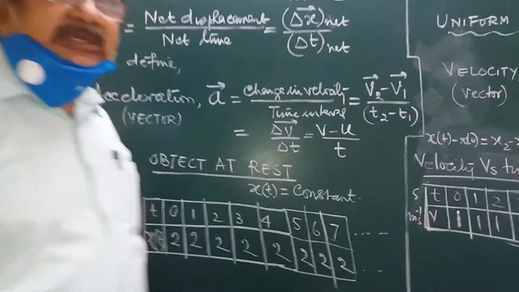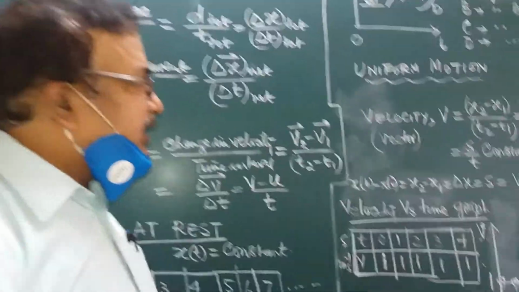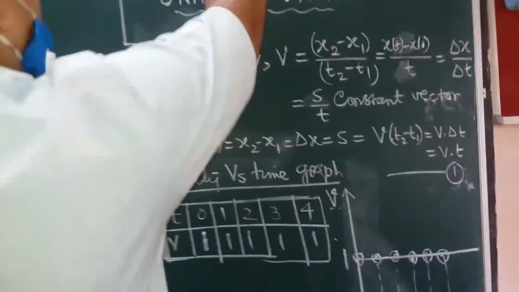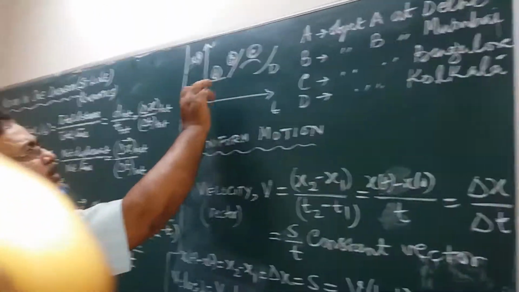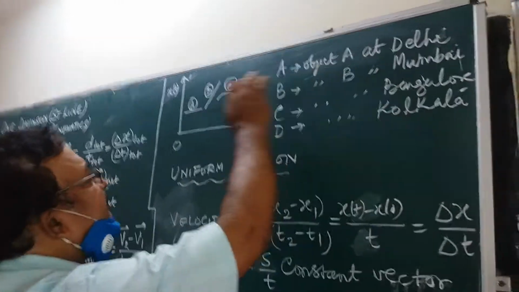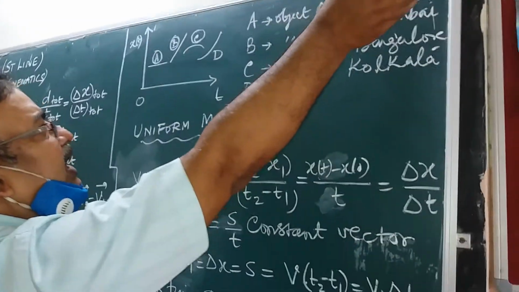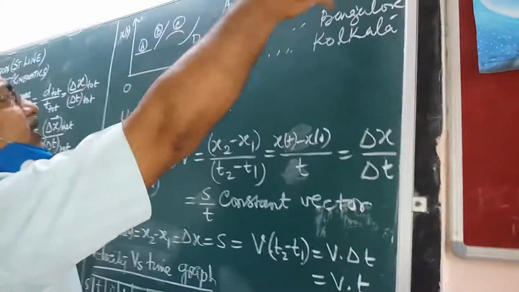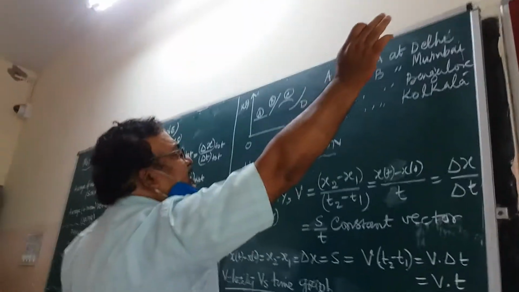Now you can ask what the importance of this graphical study is. Suppose you are given position versus time graphs of 4 objects. Object A is stationed at Delhi; it may be a car, maybe a two-wheeler, whatever. Object B is in Mumbai.